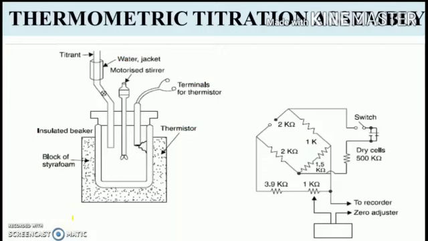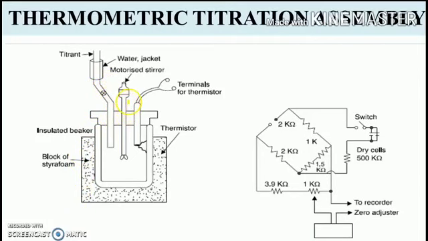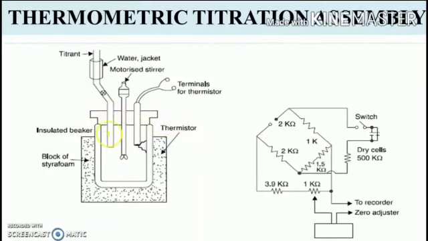This is the schematic representation of thermometric titration. This is the automated motor driven burette. This is the stirring device. This vessel is thermally insulated. To the stopper there are 3 openings. One is for the tip of the burette. The second one is for the stirrer. And the third opening is for the thermistor.